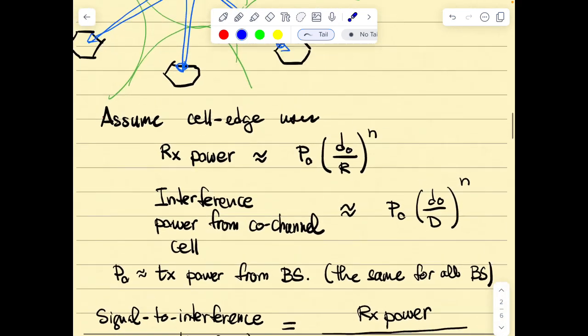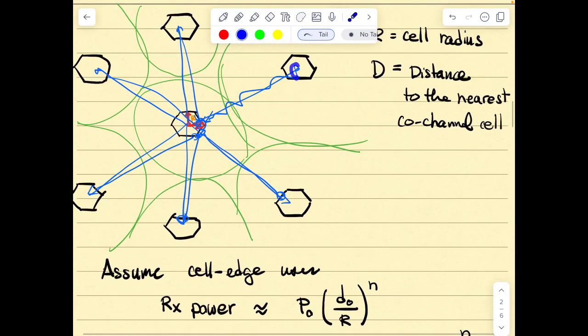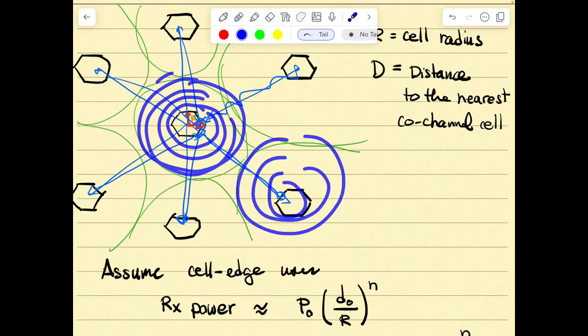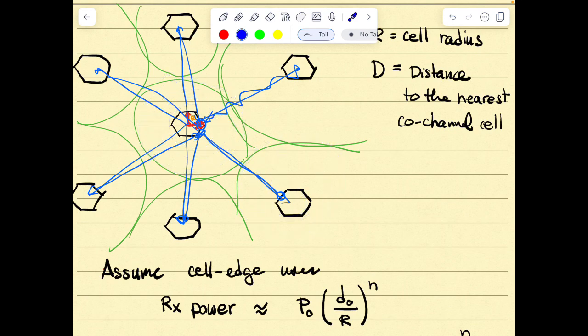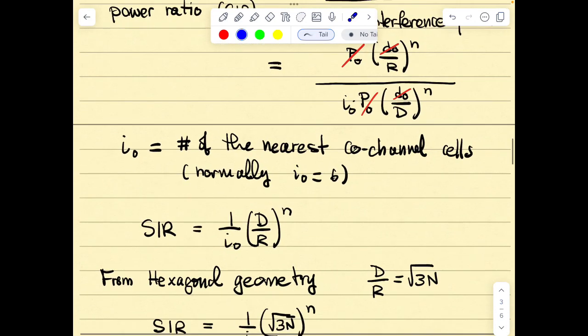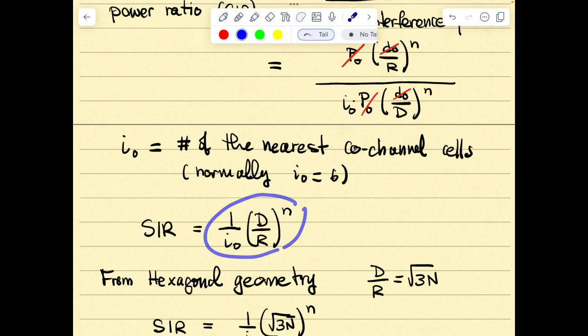It's 6 because all the base stations are using omnidirectional antennas, which means the antenna can propagate the signal in every direction. That's why it can interfere from all 6 directions. So we can simplify, and the SIR expression is equal to 1 over I0 times D over R raised to the power of n.